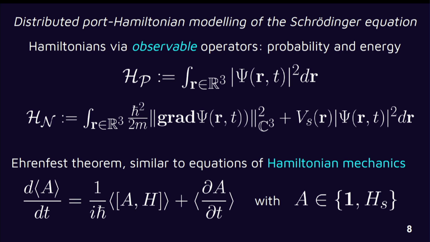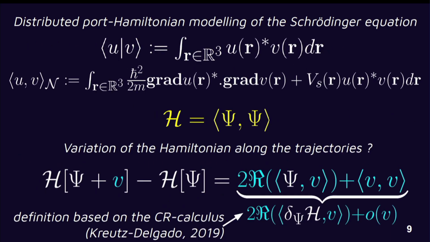And we can interpret these two Hamiltonians as the mean value of the operator identity and H_S. And the equation of evolution is given by the Ehrenfest theorem, which is similar to the equations we have for Hamiltonian dynamics. And also we can rewrite in both cases the Hamiltonian as the norm squared of the wave function.